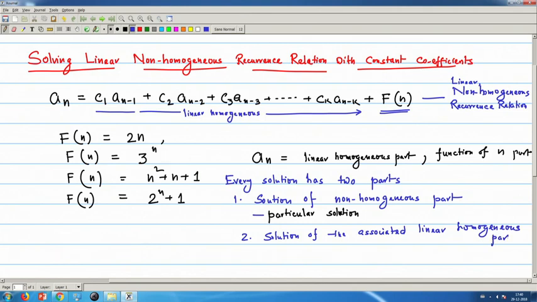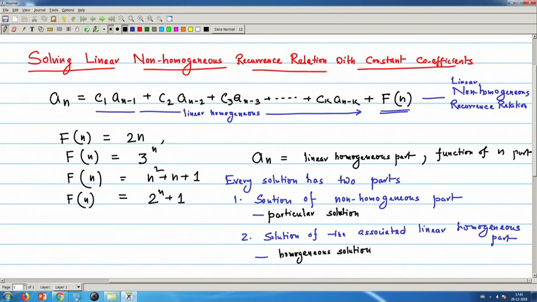Normally, we call this the homogeneous solution.